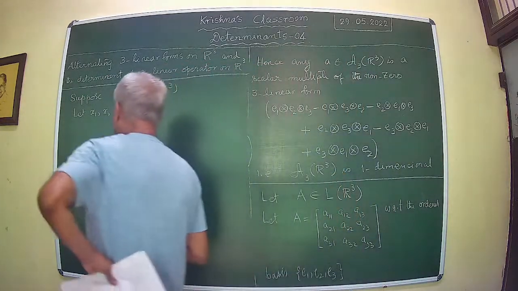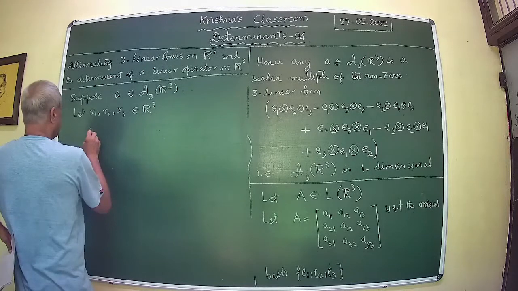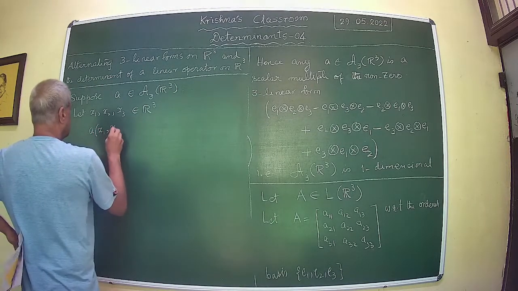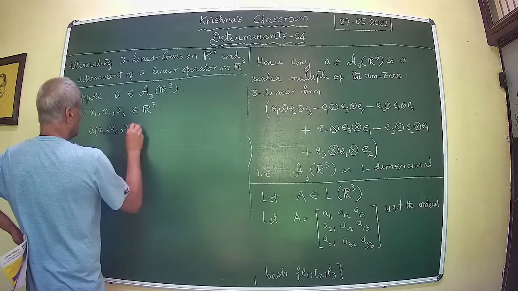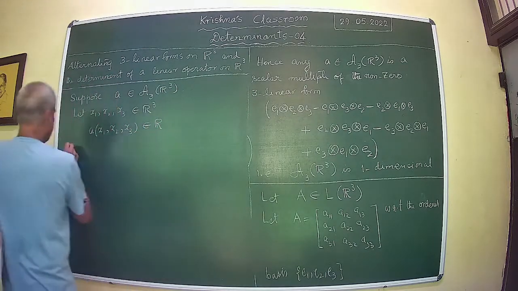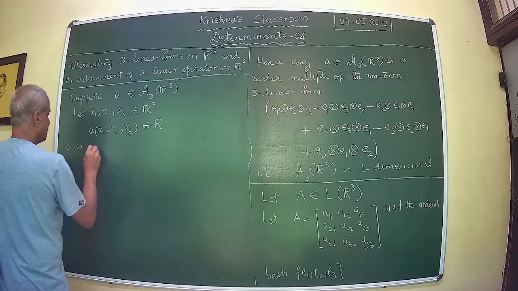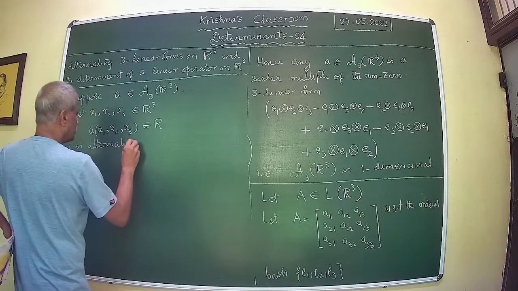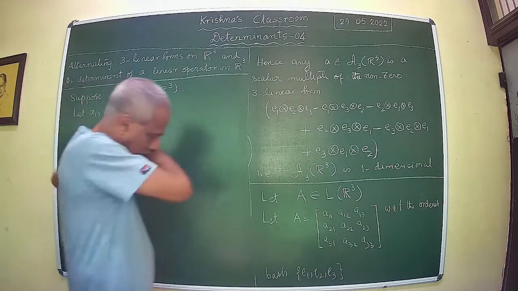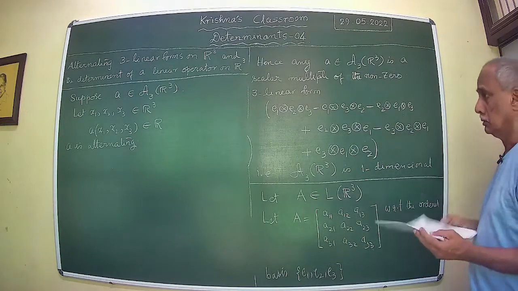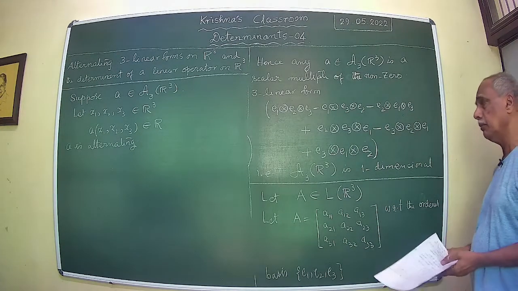Now what is given is that A is linear, and A is alternating, so these are the two pieces of information that we have. Therefore, now you look at the following.